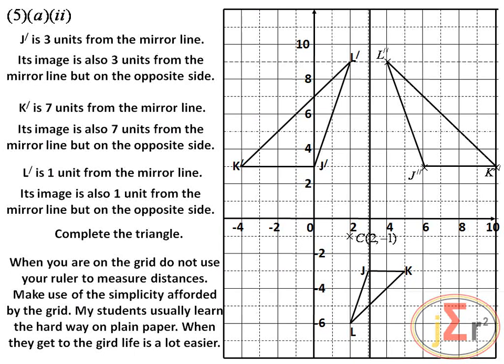My students usually learn the hard way on plain paper. When they get to the grid, life is a lot easier. So do not start to count or use your ruler to measure 1 centimeter, then put over here 1 centimeter. Just use the distance that you have here and repeat it on the other side, because I'm sure that you can just repeat a single unit on the other side of the mirror line.